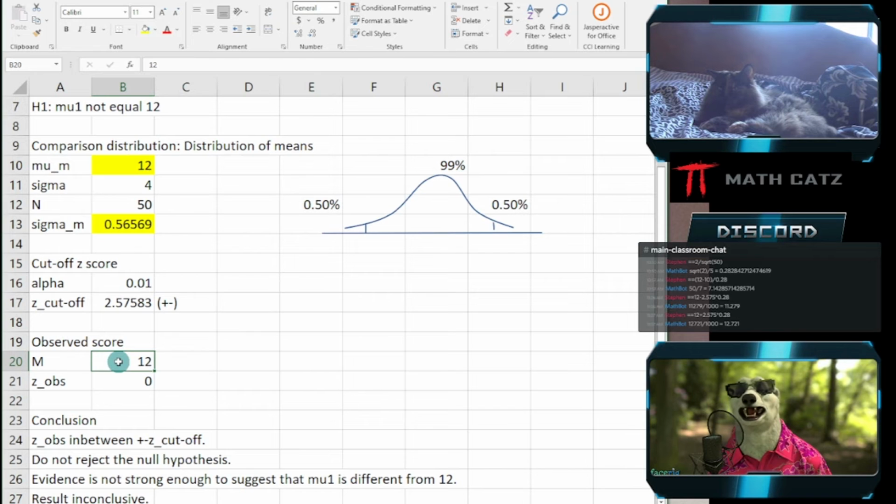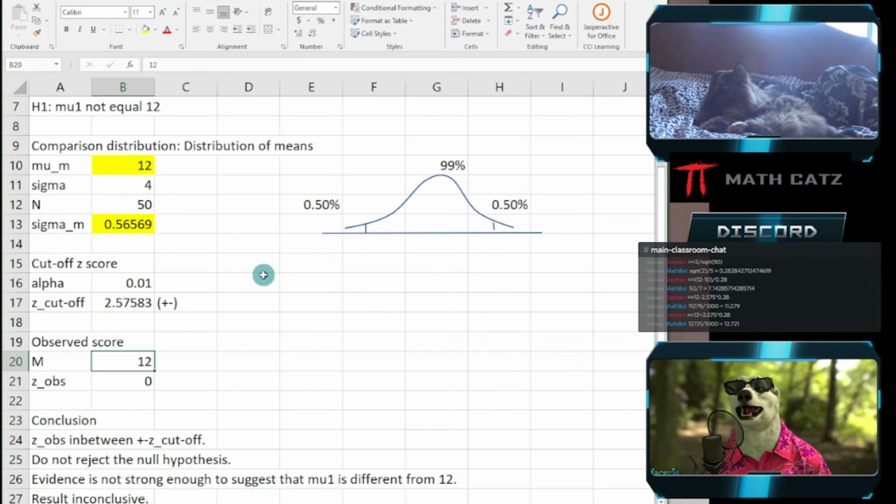Our best guess is 12, and we give ourselves a little window, a little interval around this best guess, because it's unlikely that we are spot on, and we won't know if we are. So we want to give ourselves a higher probability, 99%, casually speaking, of having an interval that does contain the true population mean, because we never know what it actually is.